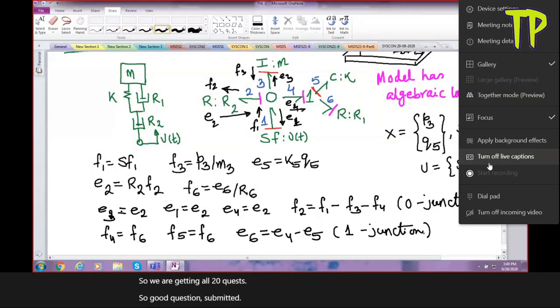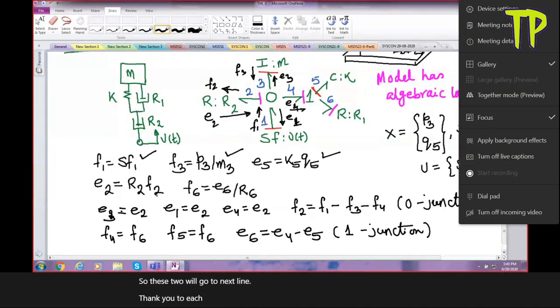Now let us try to reduce this. If you try to reduce this, what are we getting? These 3 will go, this is known, this is known, this is known. So these 3 will go to the next round. Then E2 is R2 F2.